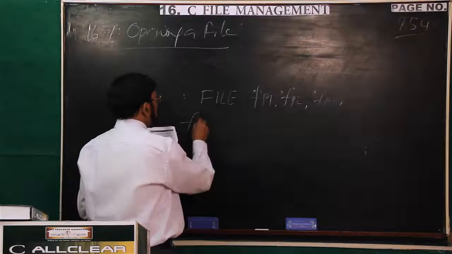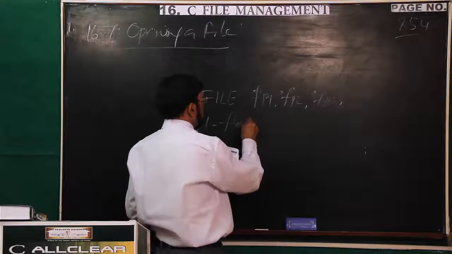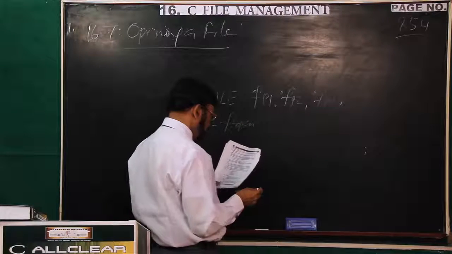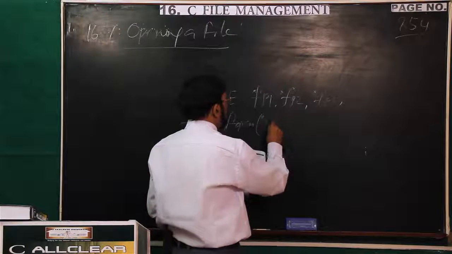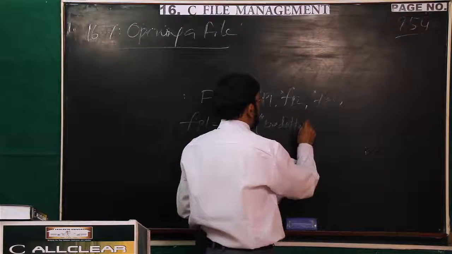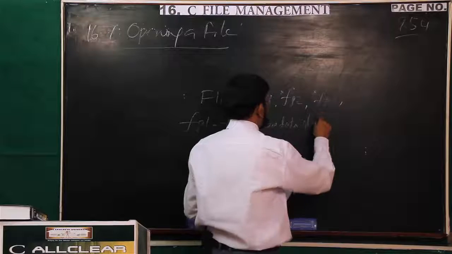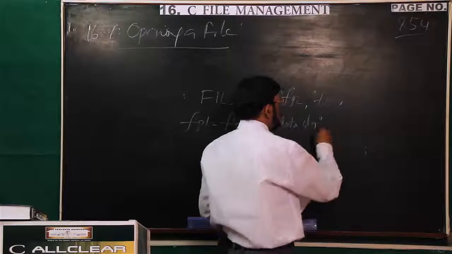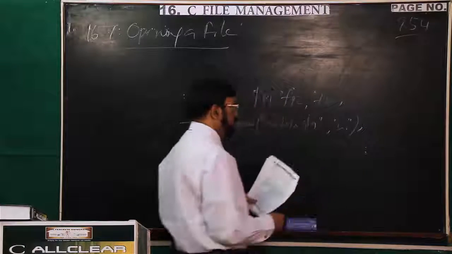Now FP1 is equal to fopen. We are getting an existing file to open, that is biodata qualification. This is a file name. This is the mode. Regarding modes, I will explain a little later.